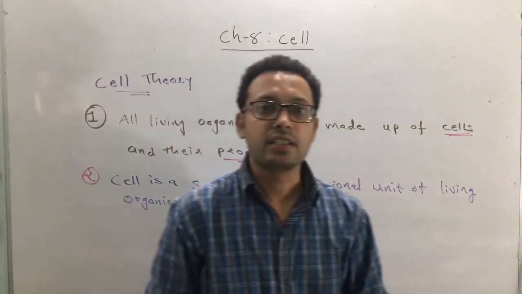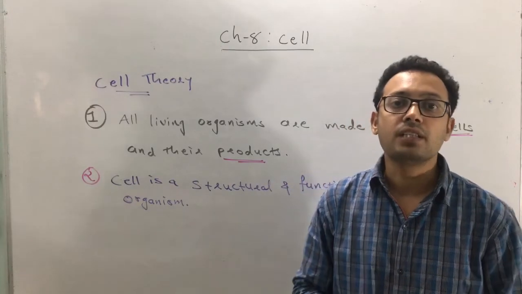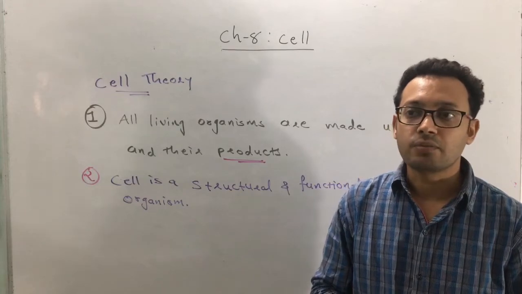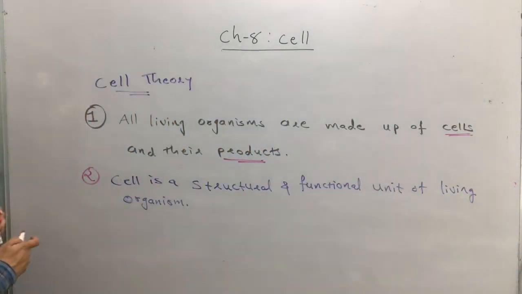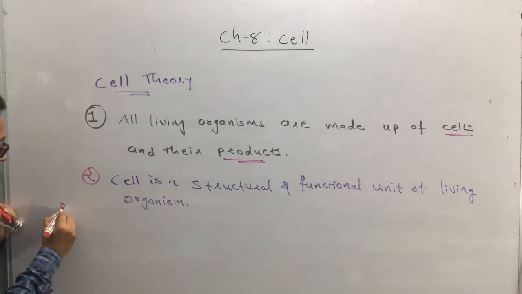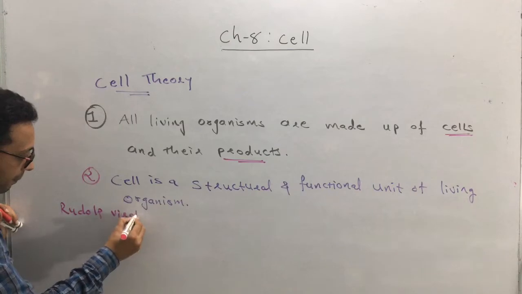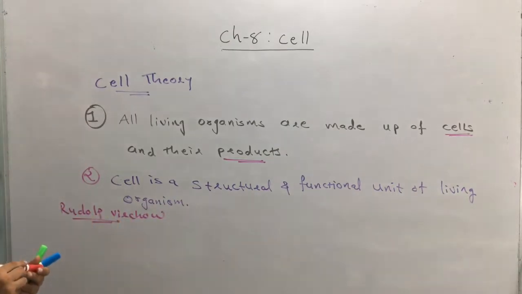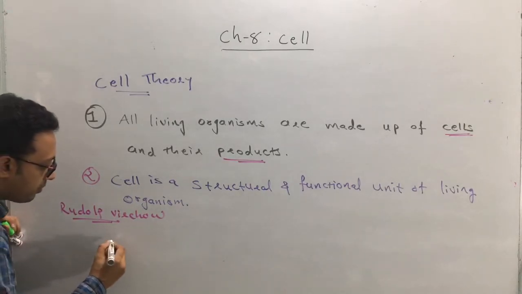But this theory fails to explain how new cells are formed. And then there is the role of one more scientist, Rudolf Virchow. This scientist explained how new cells are going to be formed.